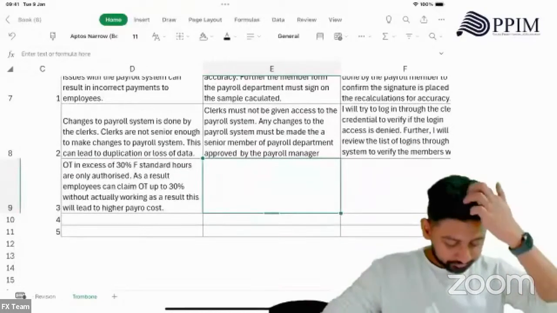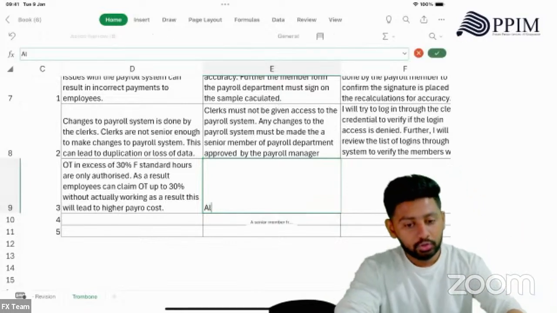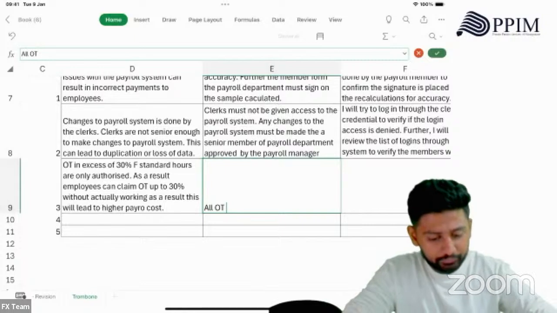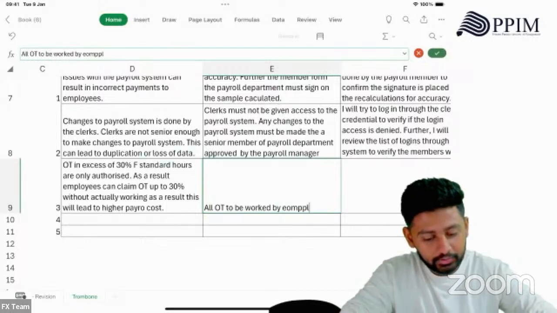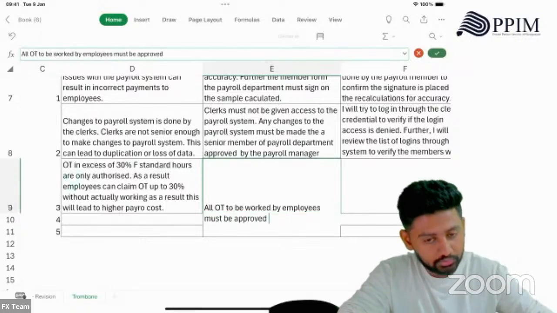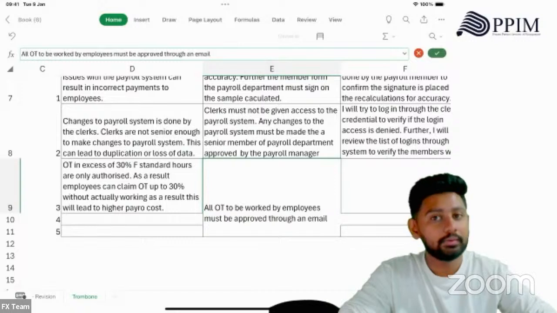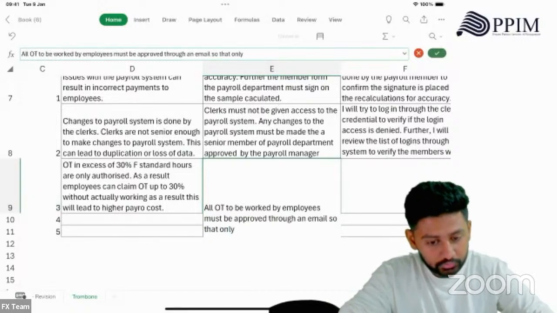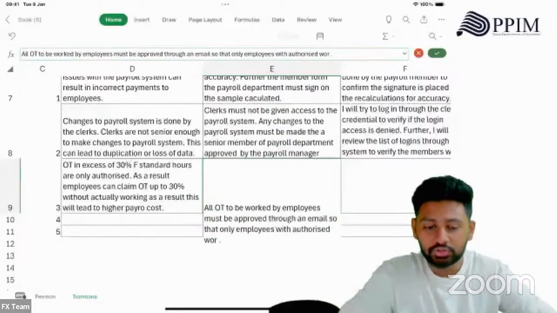She's already here. Okay. Now, what would be a control there? All overtime to be worked by employees must be approved and authorized through an email, so that only employees with authorization work, not just 30%.